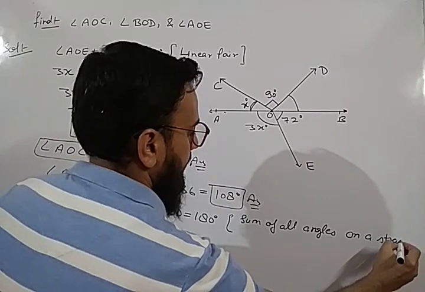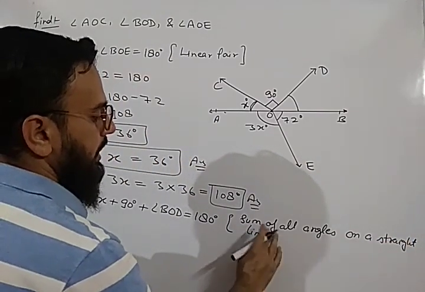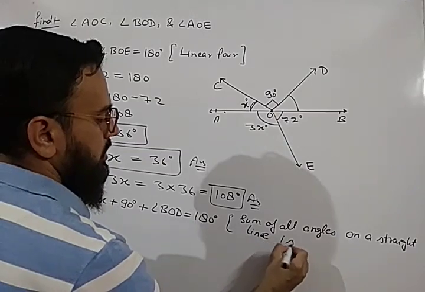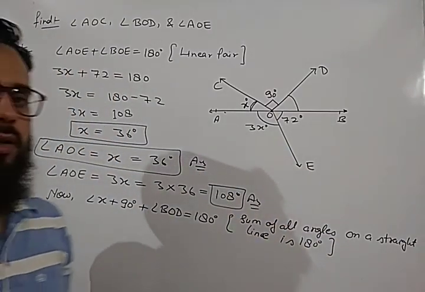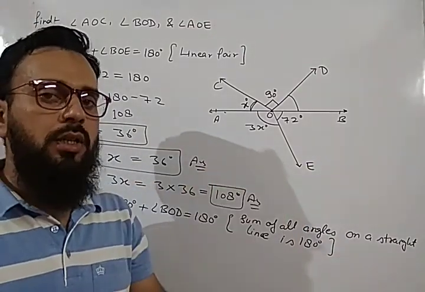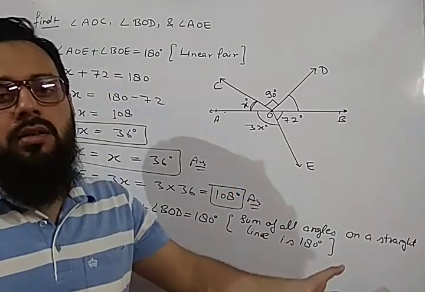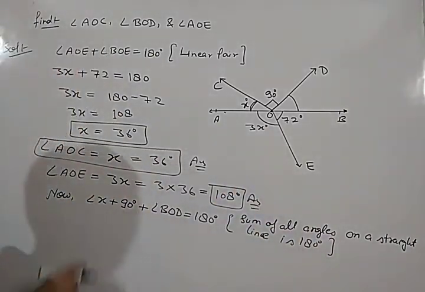Sum of all the angles on a straight line is 180 degree. So you will write the reason also. Whenever you write anything based on the theorem, then you have to write that particular theorem as the reason for that particular statement.